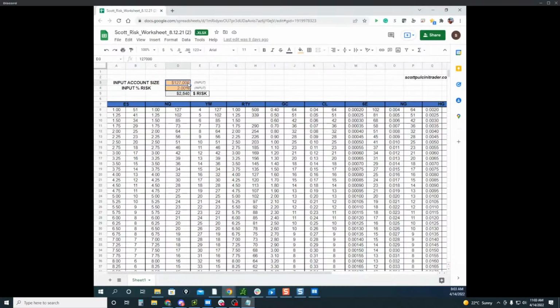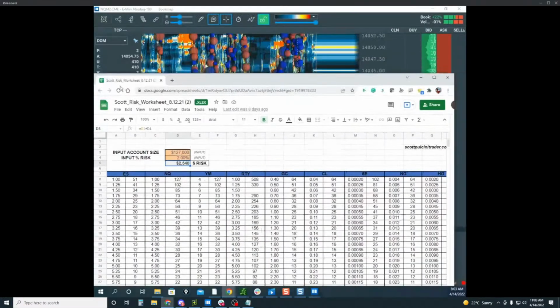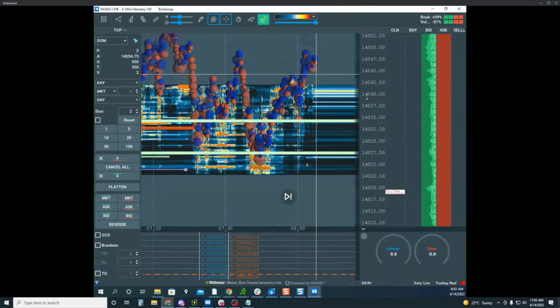So if you're trading micros and you only have a $12,700 account, you don't even have to change this. This is showing you the normal contracts based on a $127,000 account, right? That means I could put on $2,500 of risk per trade, risking 2% of that account value. If I'm trading micros, it's $12,700, still 2%. That's $254 instead of $2,500. So I have the right size on.